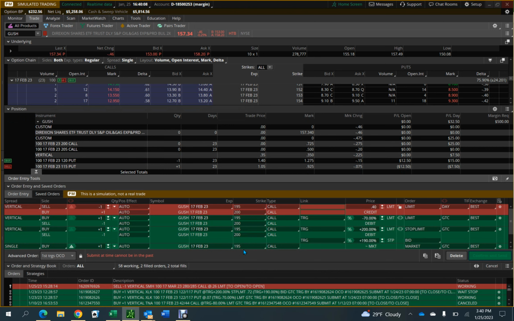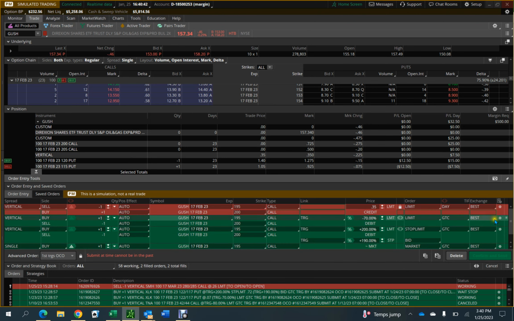So we got 185.2. We want to check these numbers first to make sure that it's actually giving us the spread we want. We've got 40 cents. I'll tick it down one tick. We've got the profit capture order set up, we've got the stop limit order set up, and we'll work on getting our in the money exit strategy fixed.